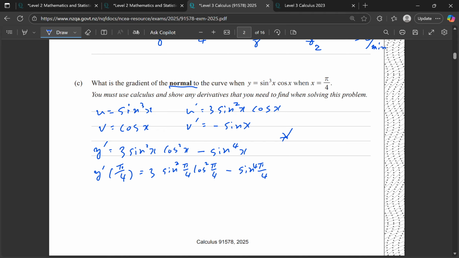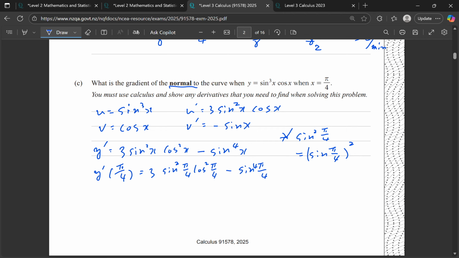I'll let you know, sine squared pi over 4 is the same as sine pi over 4 squared. They are the same, okay? So anyway, sine pi over 4, what is it?